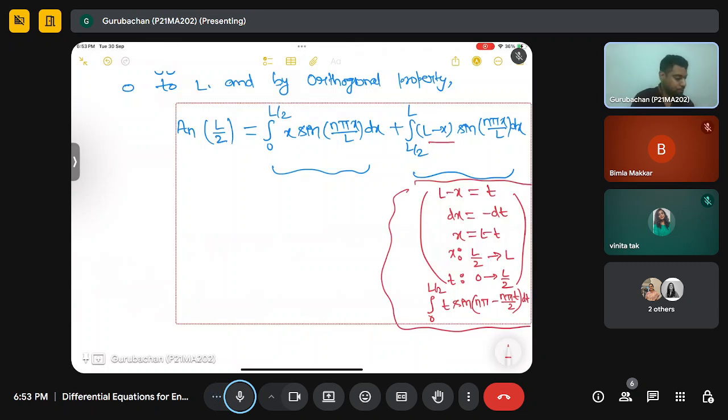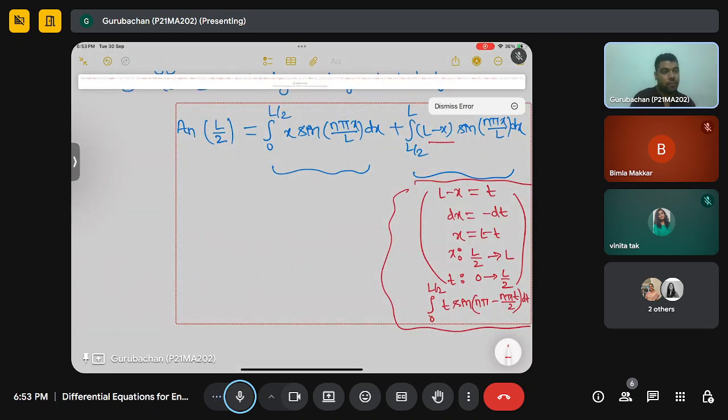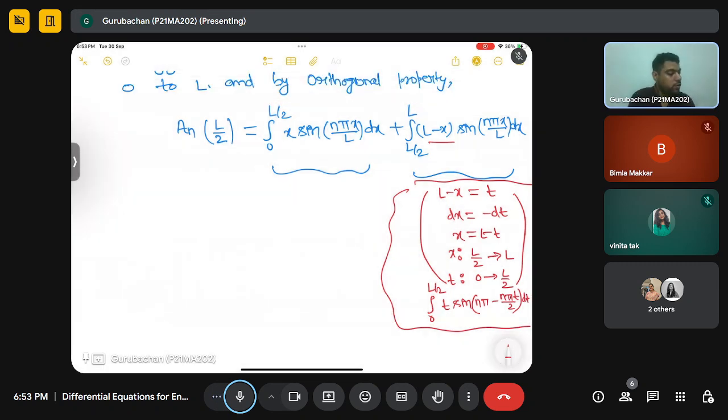Since here sine n pi, so let me solve it here, just a second. So this will be a_n.